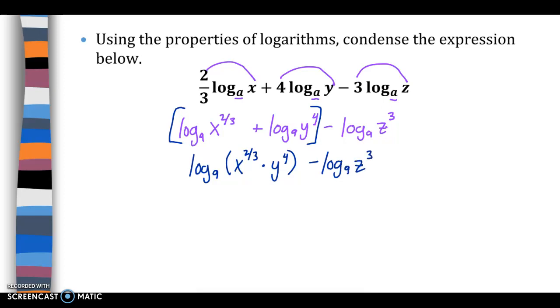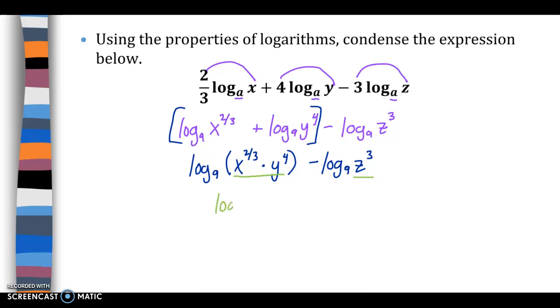Now, since they're the same bases, I have a subtraction sign, which means quotient rule, where I have the log of the numerator, so this whole piece is the numerator, and then the z cubed is the denominator.